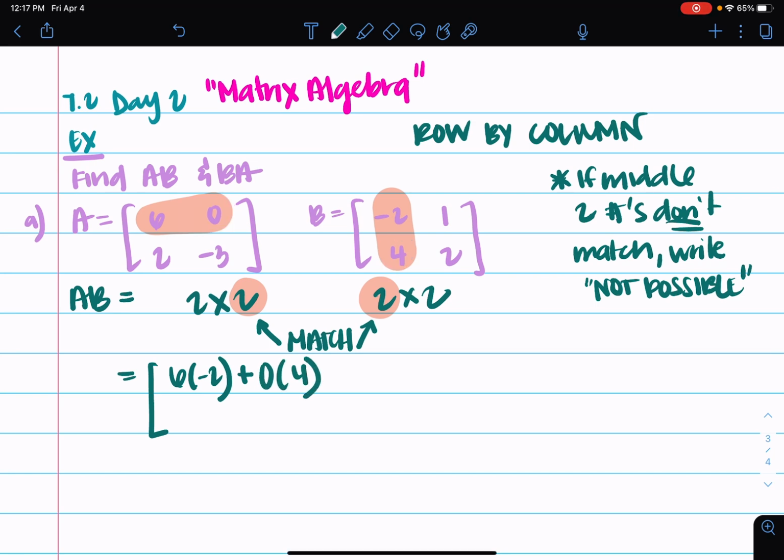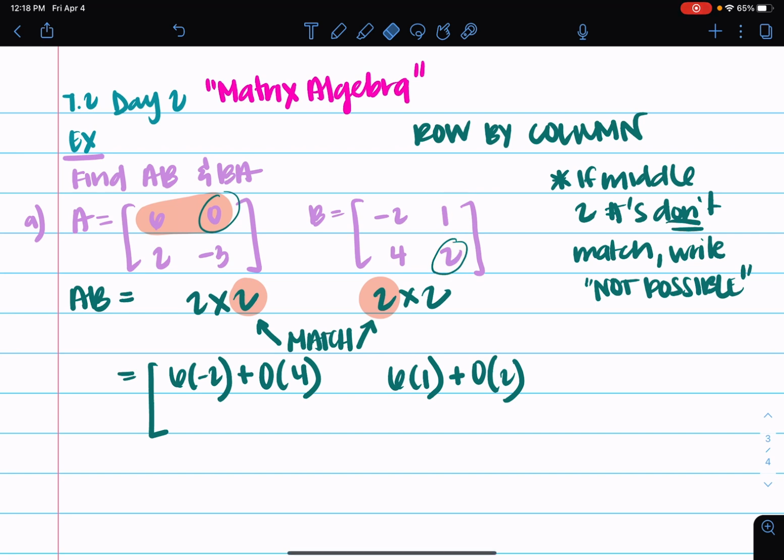That's our first spot. Next, let's still keep with row 1, but now let's do column 2. This is going to be our second spot. So we have 6 times 1 plus 0 times 2.